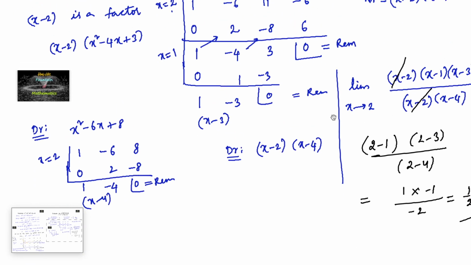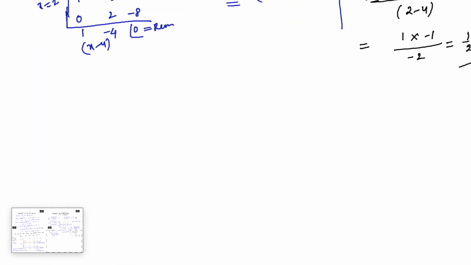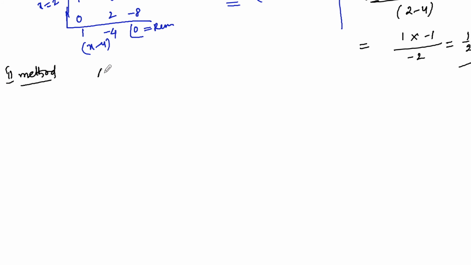Now let's solve it by using L'Hospital's rule, the second method. Since our limit is in the form 0 by 0, we can differentiate the numerator and denominator separately.